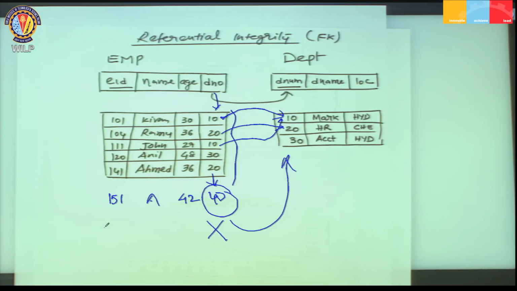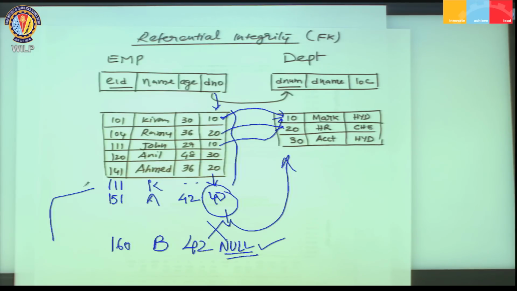And suppose I am inserting something like 160 whose name is B, age is 42, and the department is null, it is valid, because the value under this foreign key column should either exist in the referenced table or it can be null, so it is valid. And then if I try to insert something with 111, name is K and so on, what kind of error can it throw?